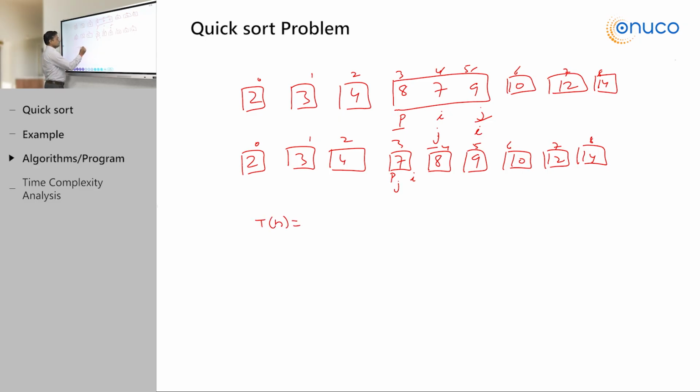T of n is theta of n log n base 2, in the best case. Okay. Then we can say that in the average case it is theta of 1.38 n log n base 2.